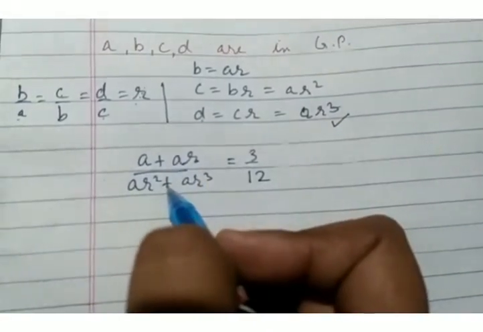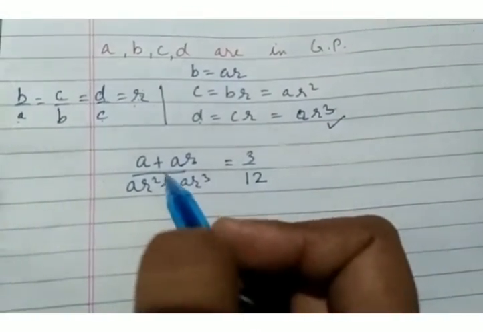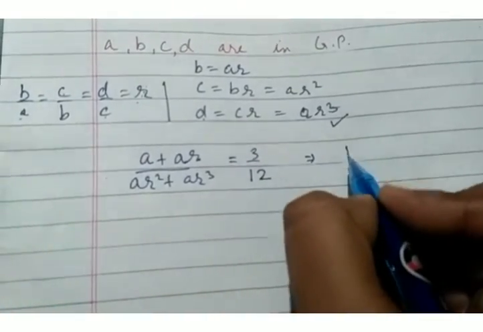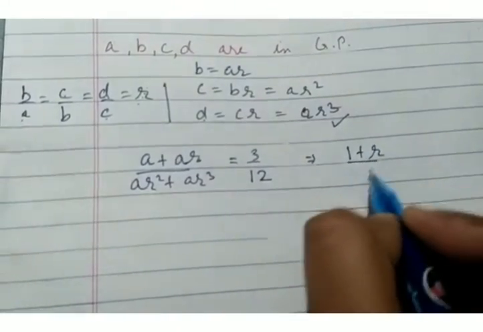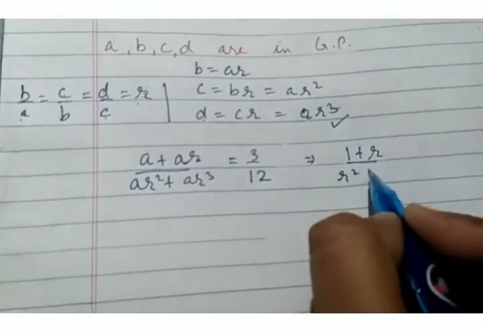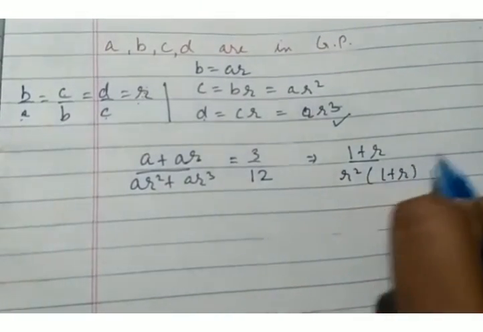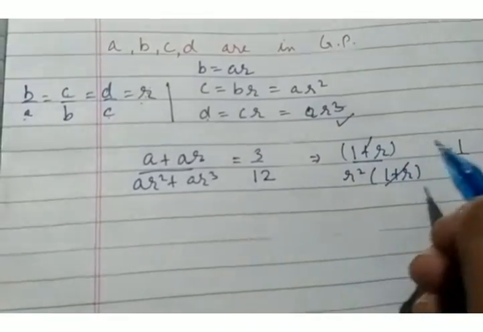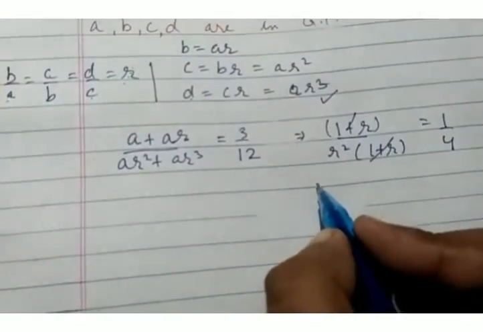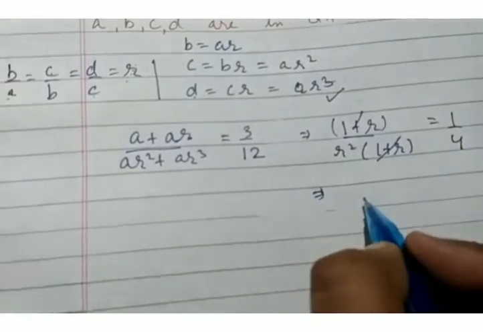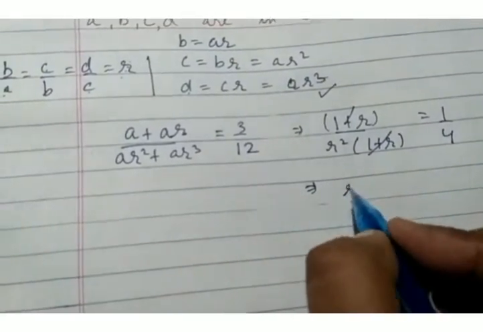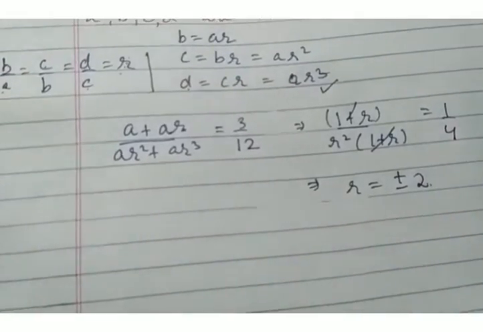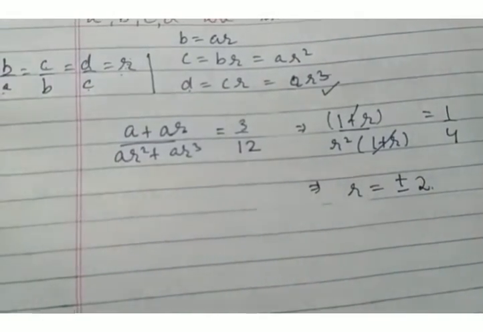Now in both the numerator and denominator we have a, we can take it common, so we will have 1 plus r upon, if we take r square common, again we'll have 1 plus r, that is equal to 1 by 4. 1 plus r and 1 plus r will be cancelled from the numerator and denominator, and from here we have r square equals to 4, that is r is equals to plus 2 and minus 2. We have two values of the common ratio in this case.